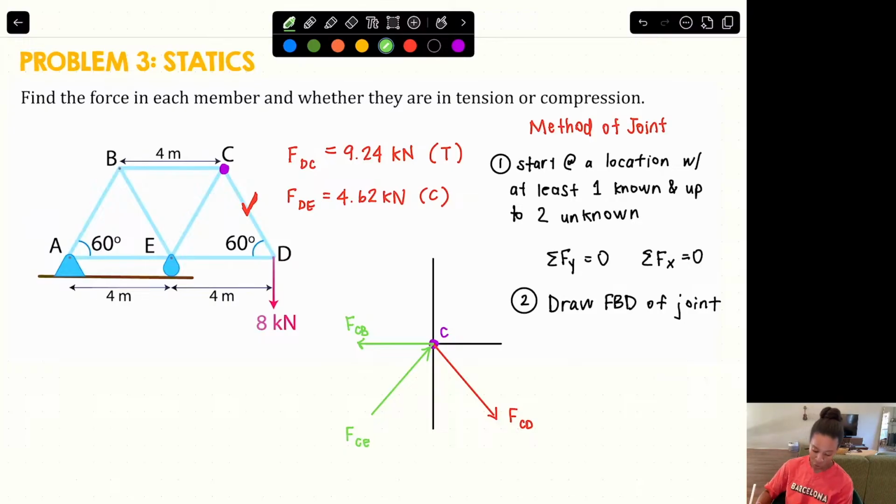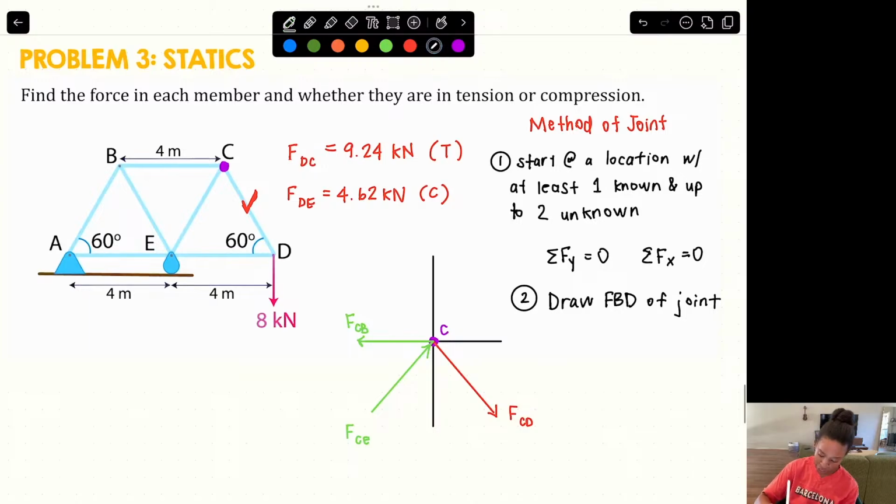Okay, so the next thing we want to do is break our forces down into their x and y components. So make sure you know what the angles are that you're using. So that's 60. This one is also 60.